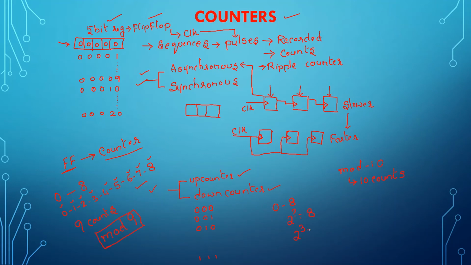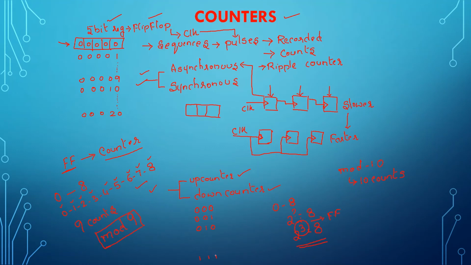Which means that if you need a counter which will be counting from 0 to 8, you need to take 3 flip-flops. That is what it says here.